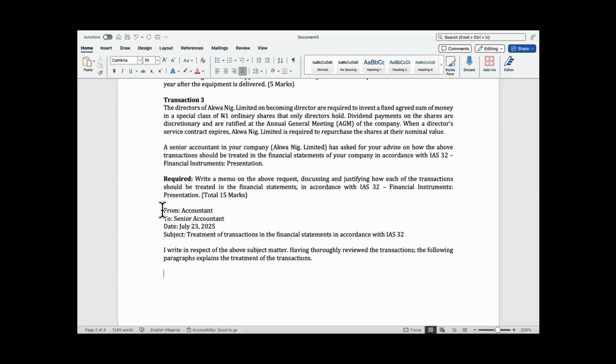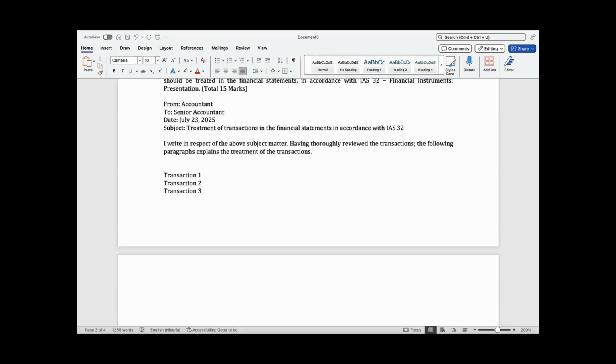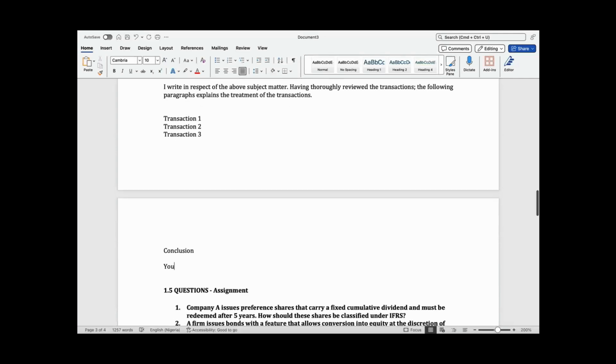So I'm just showing you the templates and all of that. This is the way you start. You do an introduction, then you start picking those transactions one by one. You can start with transaction one, you do your analysis, transaction two, you do your analysis, transaction three. Those will be your headings. Then you do your conclusion. Then you do yours faithfully, not necessarily, since it is internal.